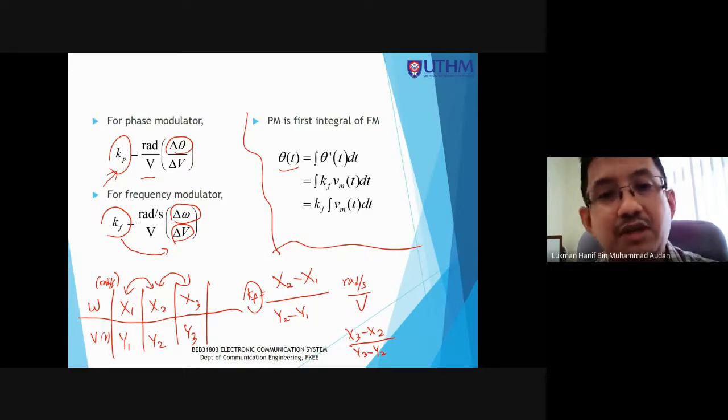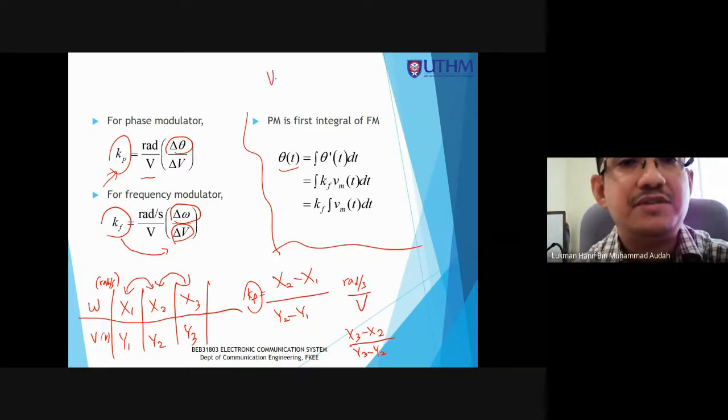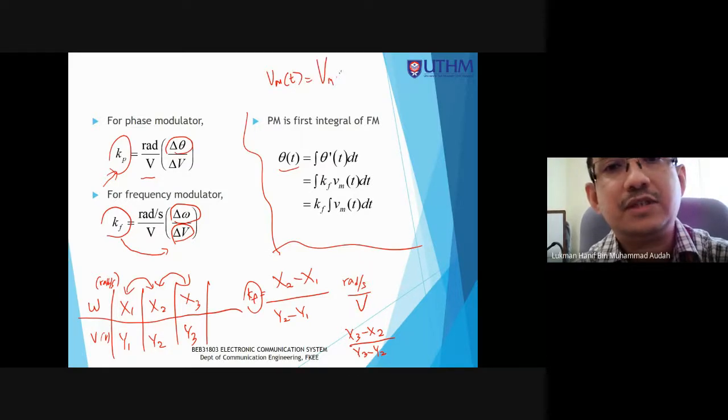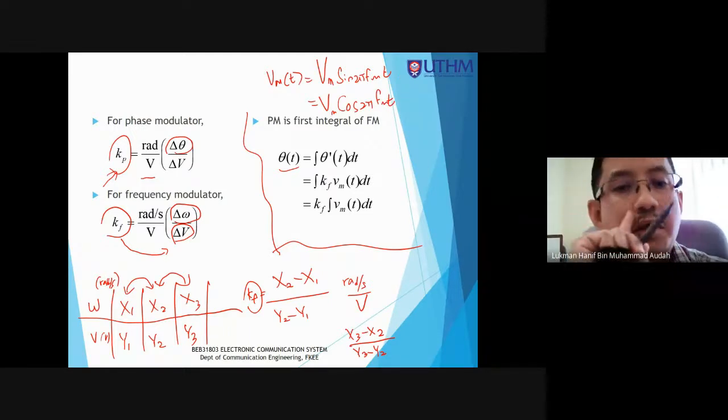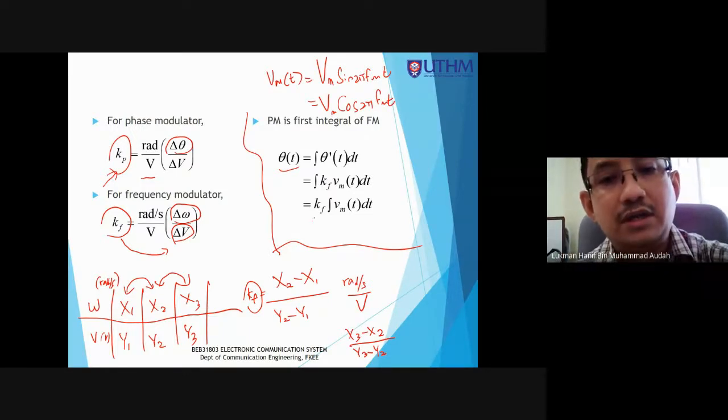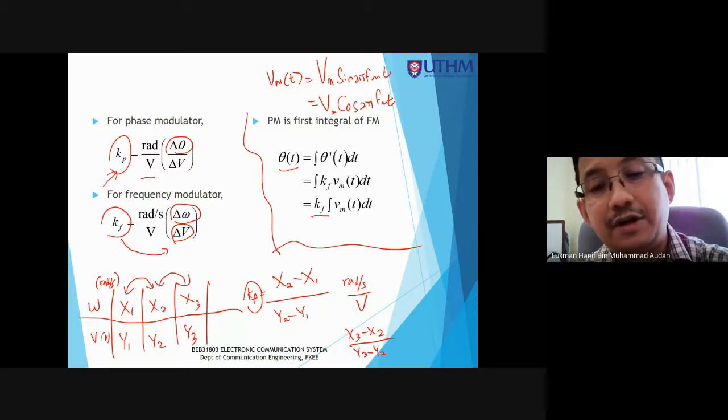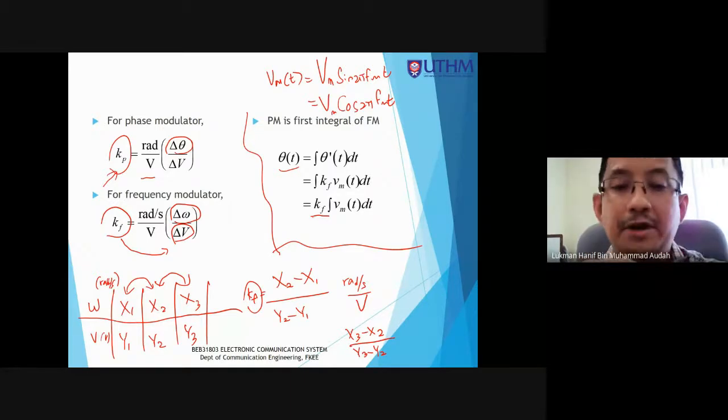What is Vmt? Again, Vmt macam biasalah, Vmt sama ada Vm sin, okay, Vm sin 2 pi Fmt, or you can also use a cosine, Vm cos 2 pi Fmt. Okay, so you see that dikeluarkan nilai Kf kerana Kf adalah constant parameter.